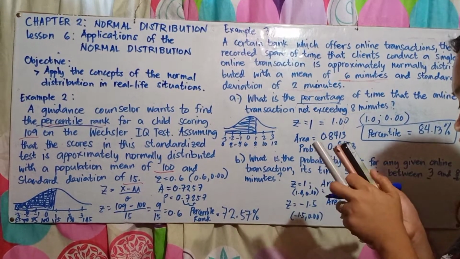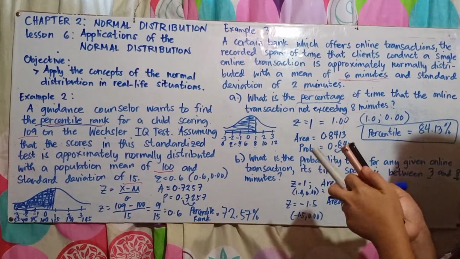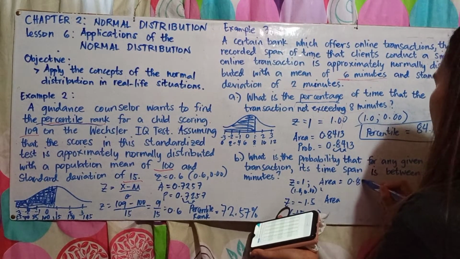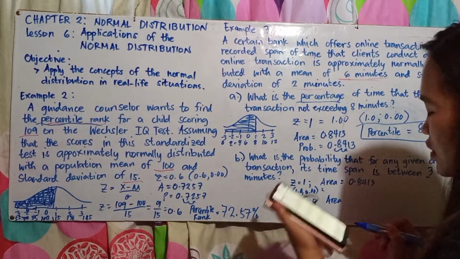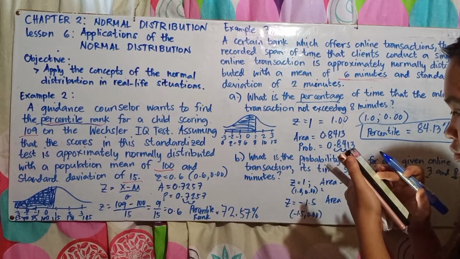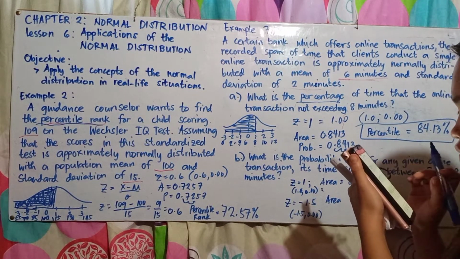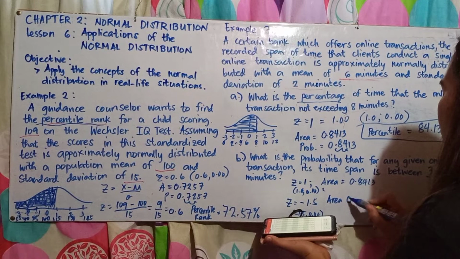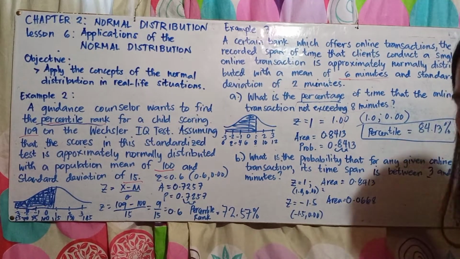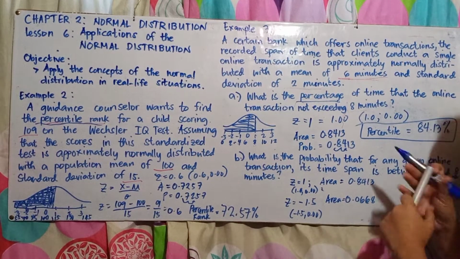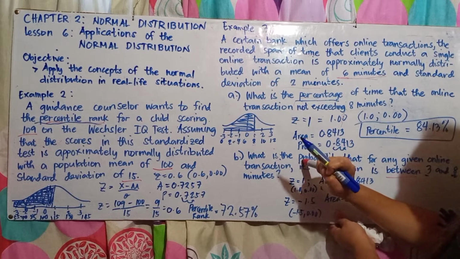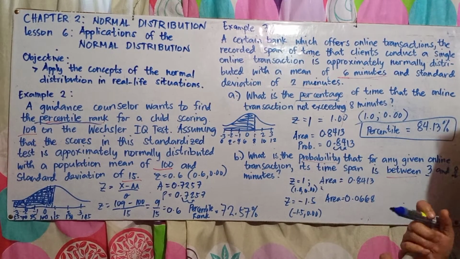Okay, 0.8413. Ang isa, negative 1.5, 0.0668. Okay, so since ang given is between, to compute for probability, i-minus lang nato ang duha.